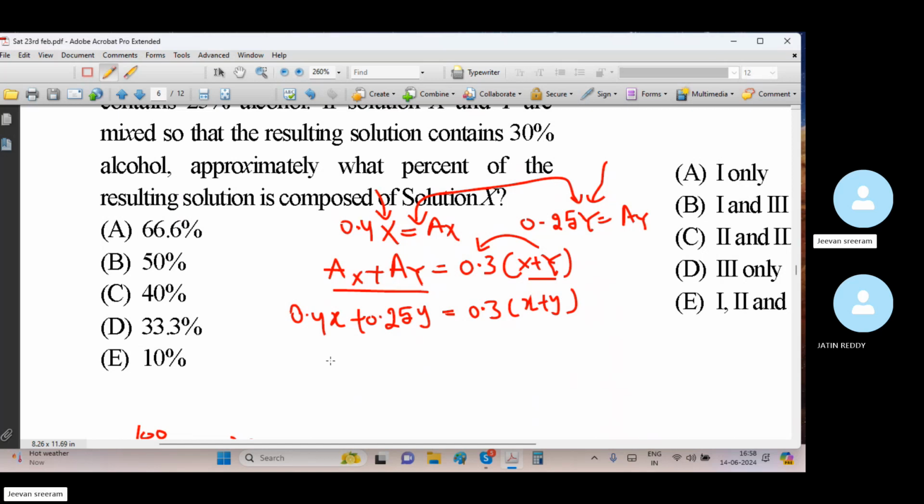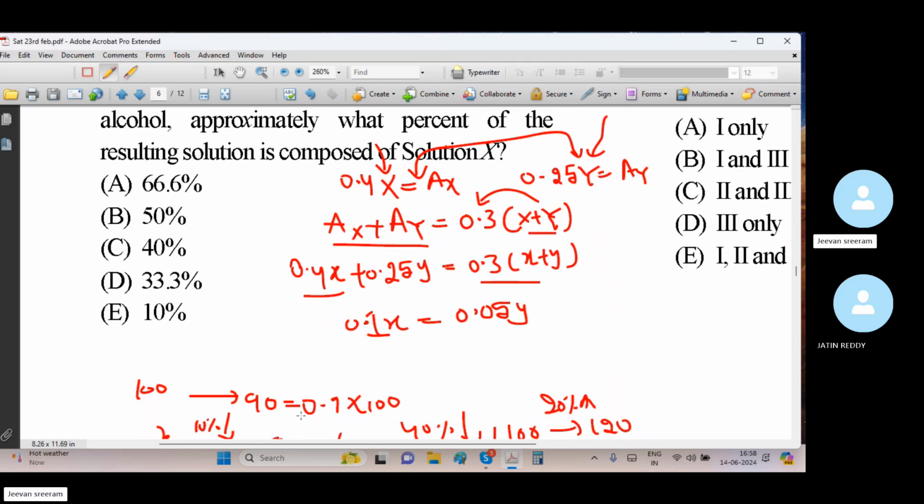And then we will see: 0.4x and 0.3x, you are going to get 0.1x. We have 0.3y and 0.25y, we are going to get 0.05y.